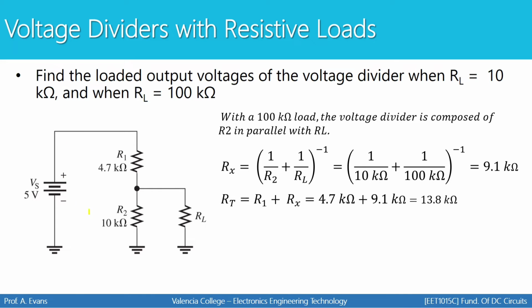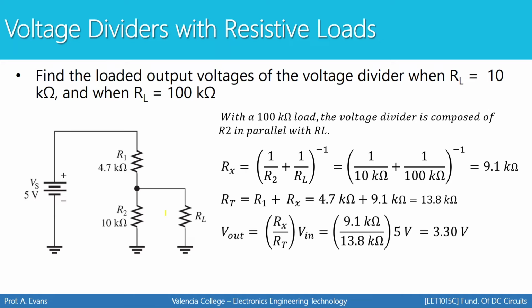Next, the total resistance in this circuit is R1 plus this combination of Rx. And then we're going to set up a voltage divider. We're going to find the voltage across this combination, that's Rx, divided by the total times Vin. Now our output voltage is 3.30 volts.